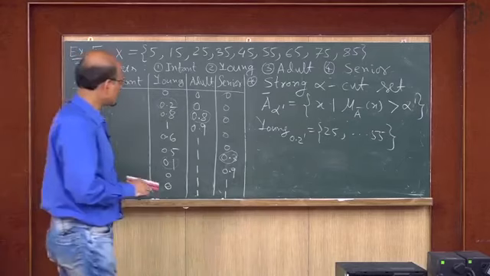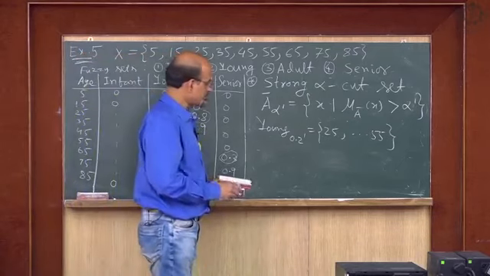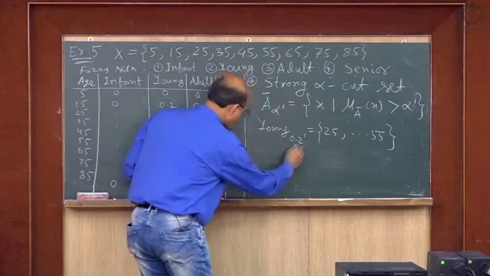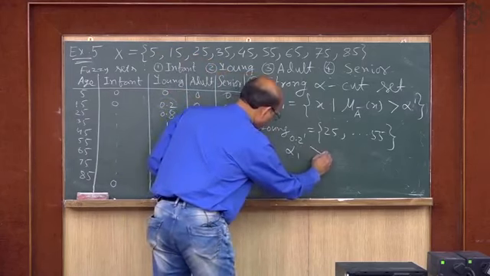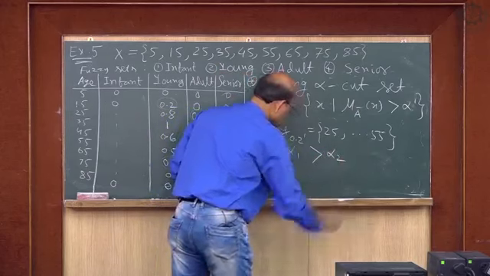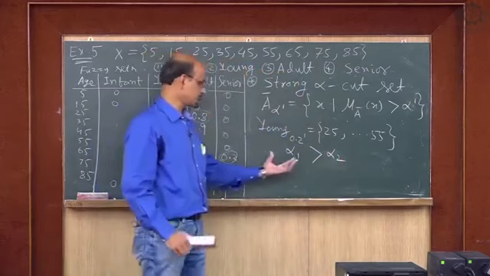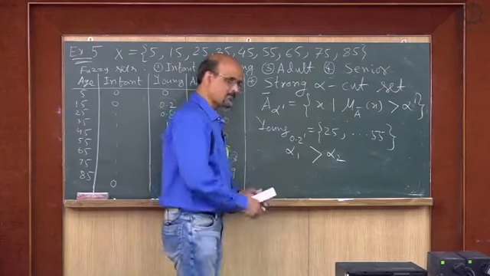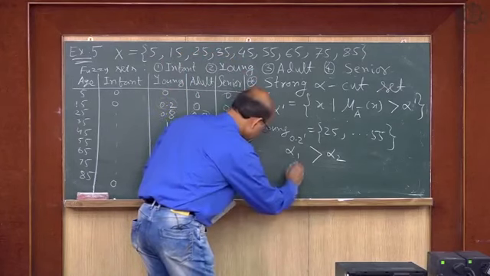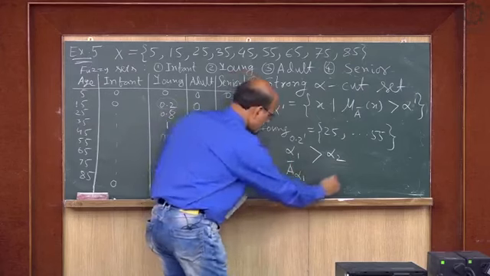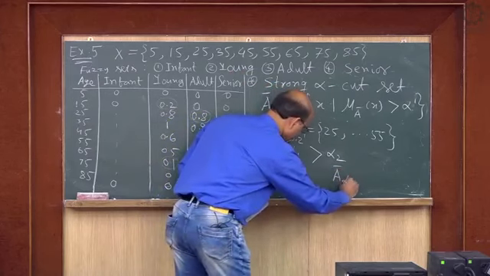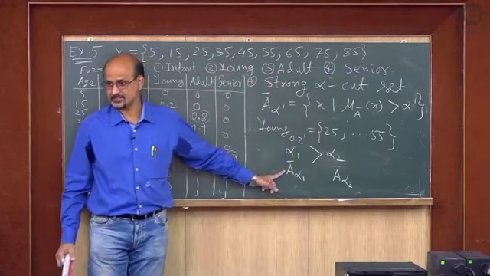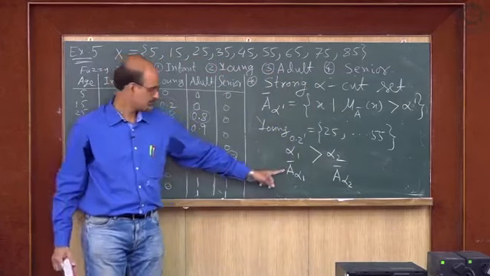Okay, clear? Now suppose for alpha cut sets, you have alpha 1 greater than alpha 2, and I want to find A bar alpha 1 and A bar alpha 2, the corresponding alpha cut sets.